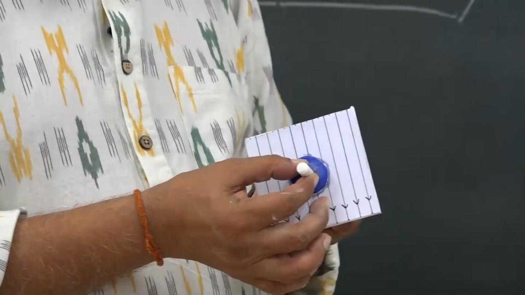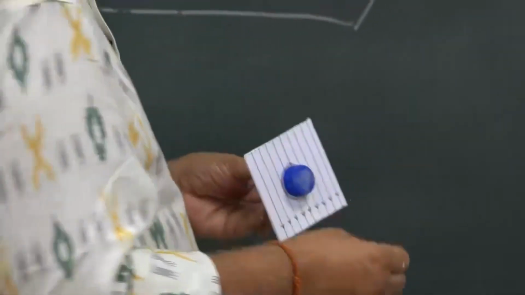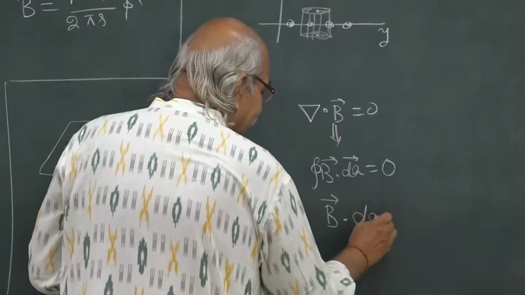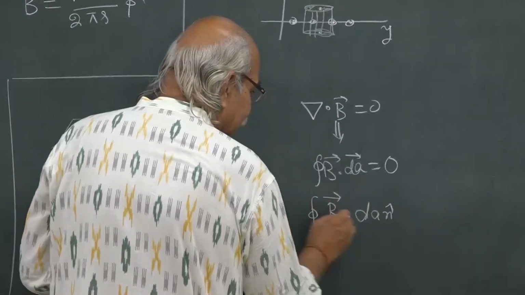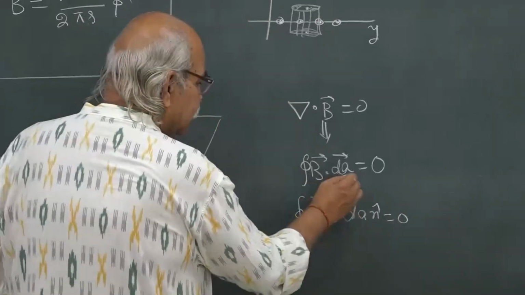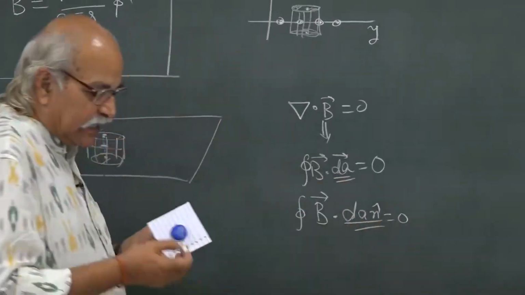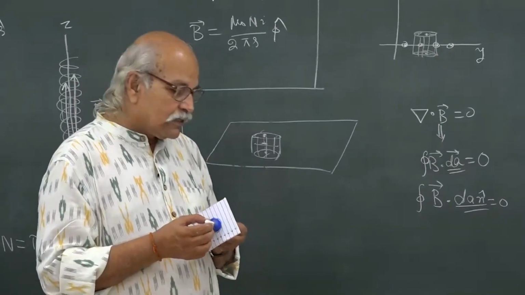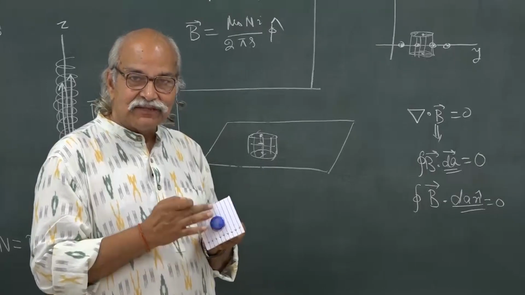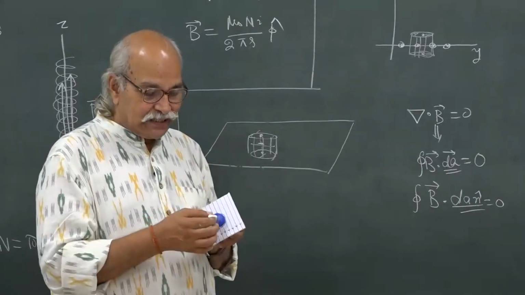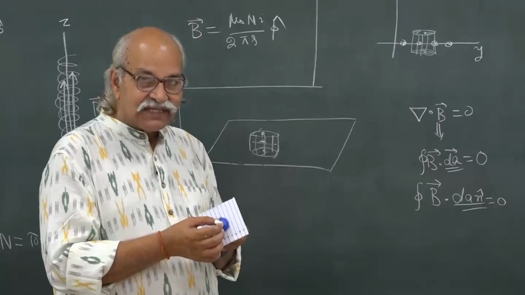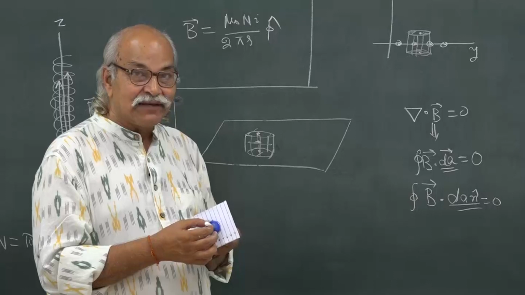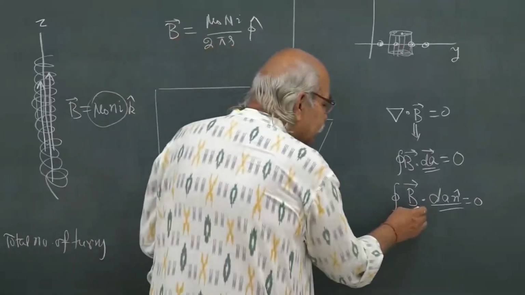So, B dot dA, let me write it this way: this dA vector is dA n cap, and what is n cap? N cap is the normal to this surface, because this area is parallel to this surface. So, it is perpendicular, it is normal to the surface and going inside, that is our n cap. And then B dot n cap.